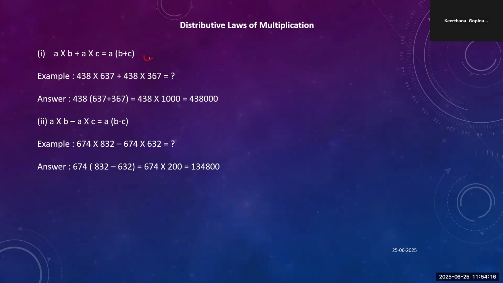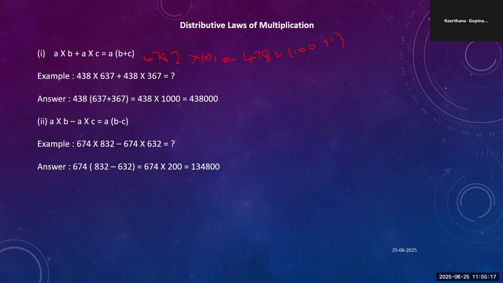We wrote 4782 into 100 plus 1. So what we did was 478200 plus 4782. That's how we got that answer.